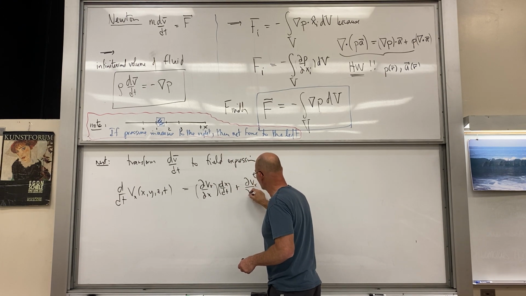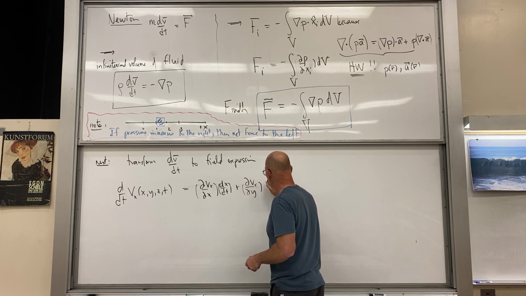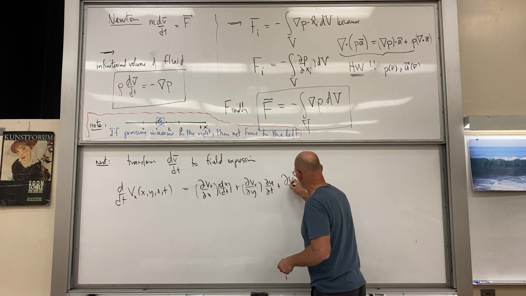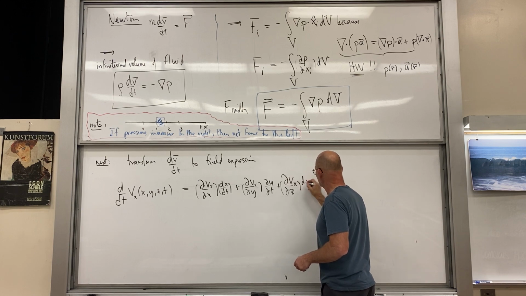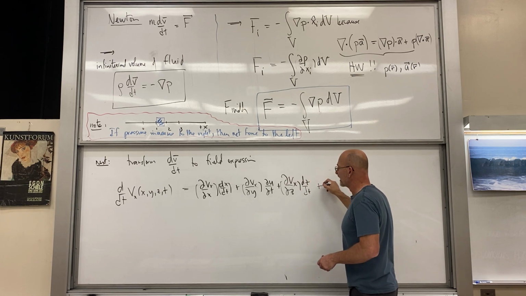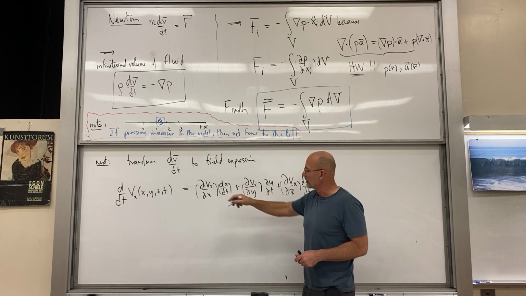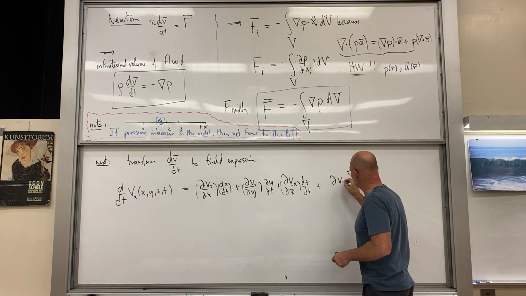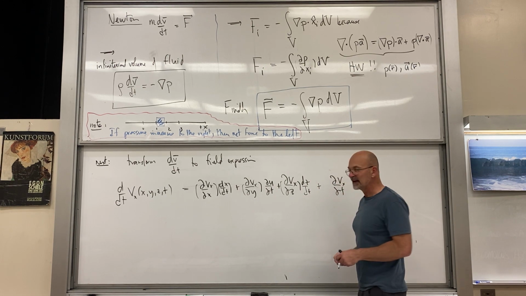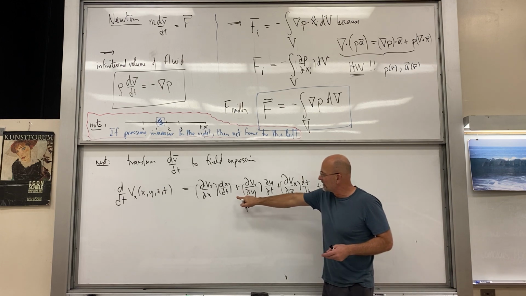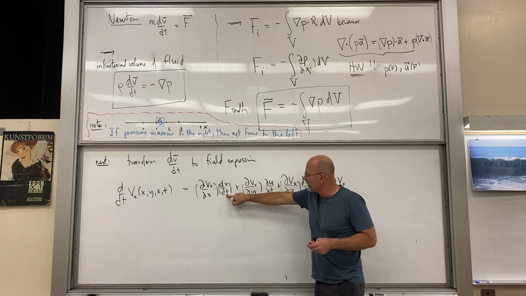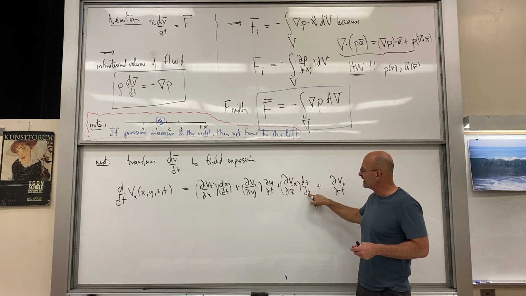So we've been doing enough of that this semester. dy dt plus dVx dz dz dt. And then outside, we would still have the explicit dVx dt. Okay. So you can see where this is headed. We're going to call this Vx, Vy, and Vz.